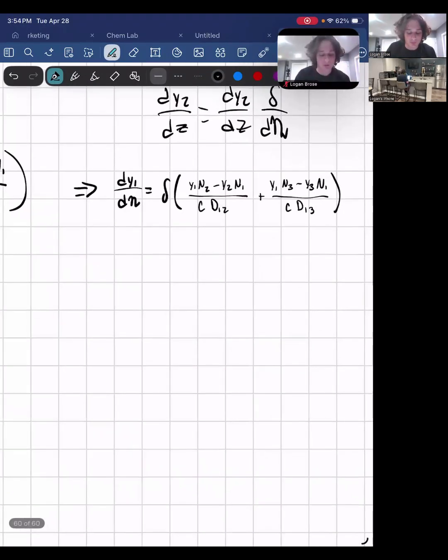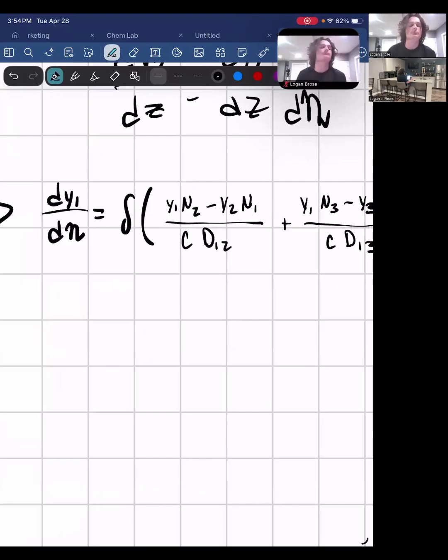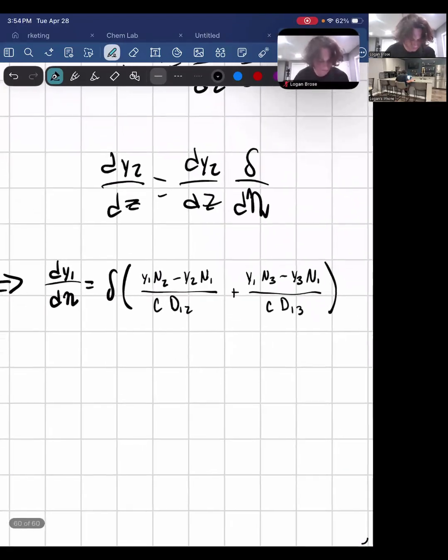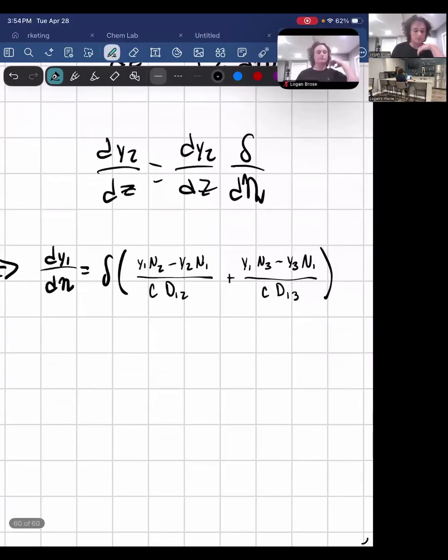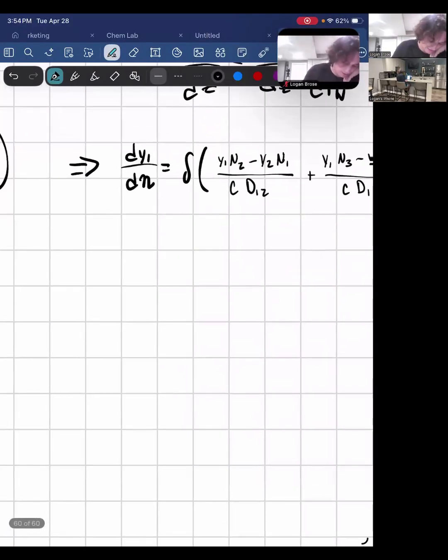And then once we have this, what we're able to do is multiply this out, so we can simplify a little bit.